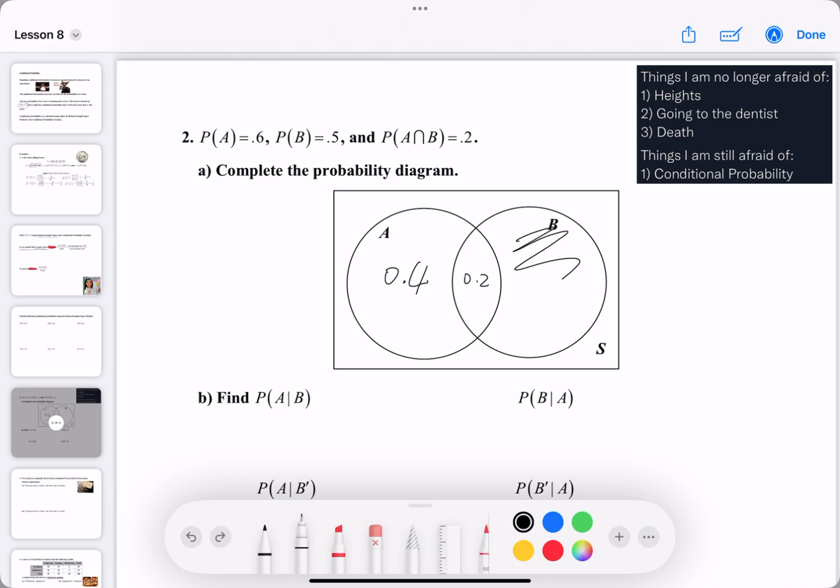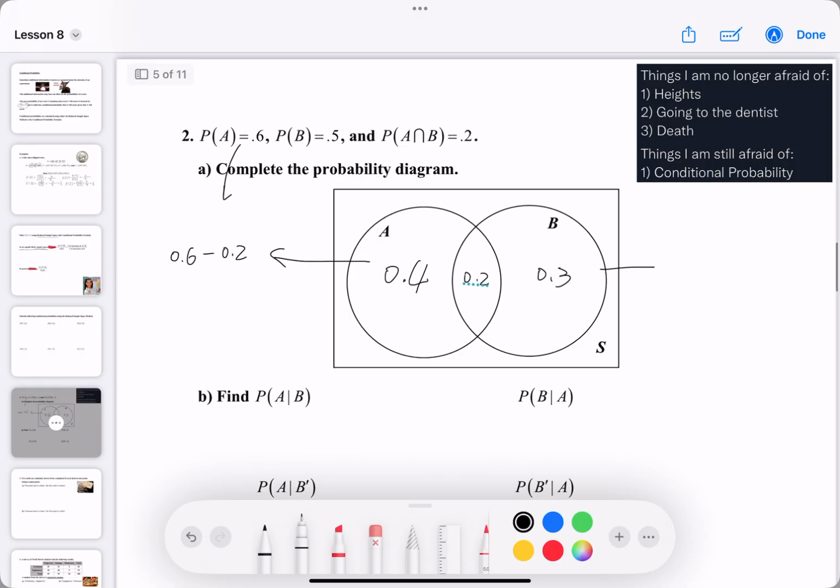And how about this section? I'm using the B probability, 0.5 minus 0.2 is 0.3. So this 0.4 is coming from 0.6 minus P of A and B, and this 0.3 is coming from 0.5, P of B, minus 0.2. Okay, how about this section?